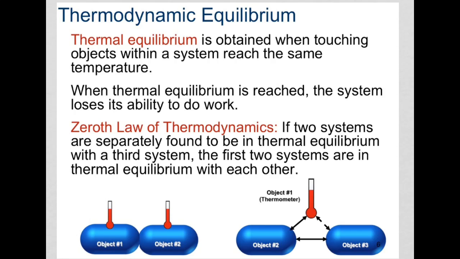The Zeroth Law of thermodynamics. I feel like they made a couple of laws, and then they said, wait a minute, let's add one more. This should be the first one, and then they named it the Zeroth Law. Maybe, I just made that up. It says, if two systems are separately found to be in thermal equilibrium with a third system, the first two systems are in thermal equilibrium with each other.